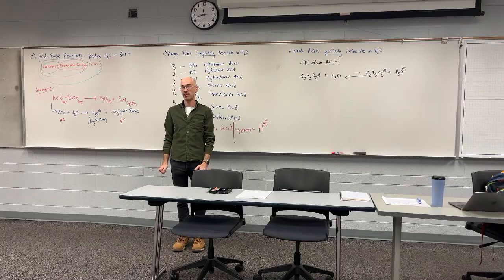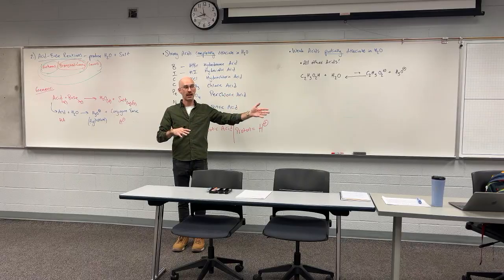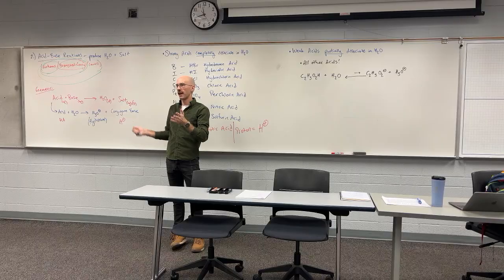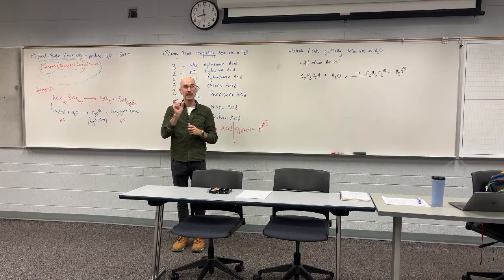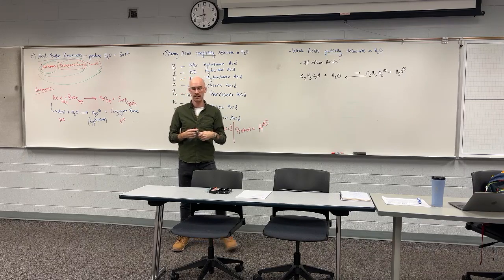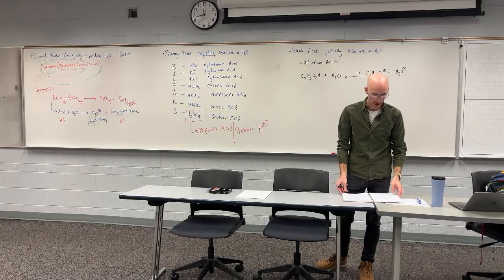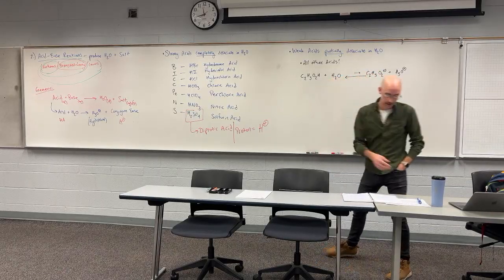And that number can range anywhere from 1 in a billion to 1 in 10 billion to 1 in 100,000. Those ratios are huge, but they're all generally considered weak acids. Not a lot of the ions give away their hydrogen. Okay, those are our acids.